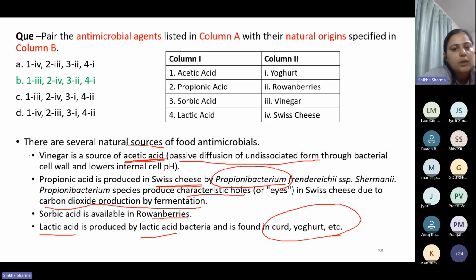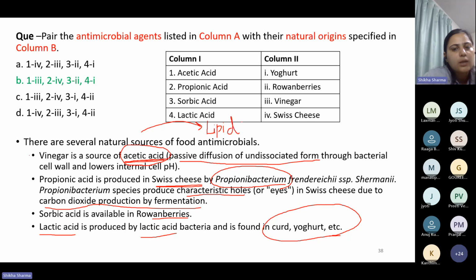So the acetic acid will go into the cell wall; it is hydrophobic, so it will bind to lipids, the lipid bilayers present in the cell wall.